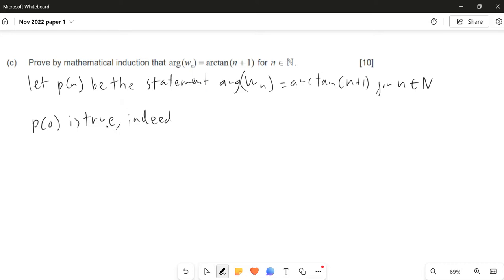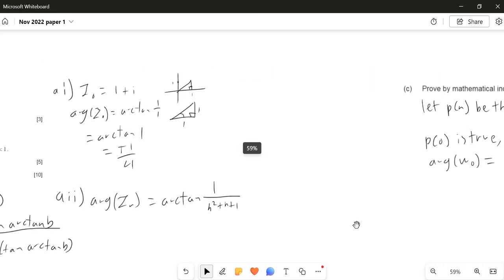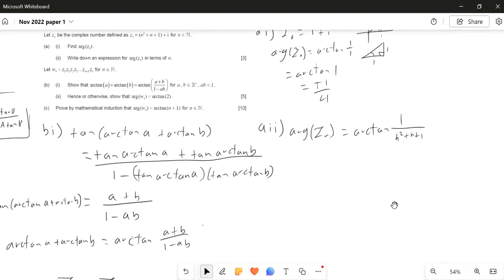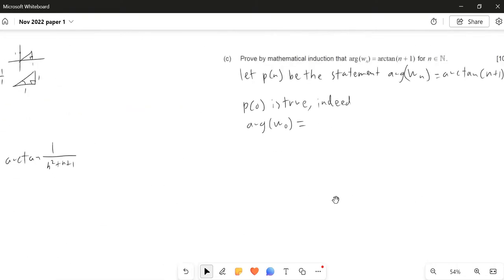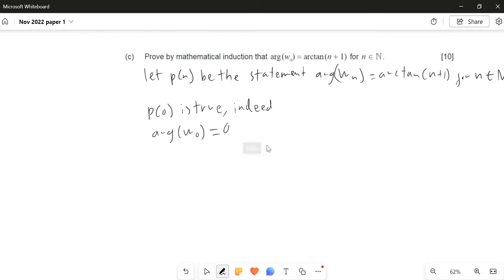Indeed. arg W0 equals, as we found over here, arg Z0, which is equal to arctan 1, equals pi over 4.